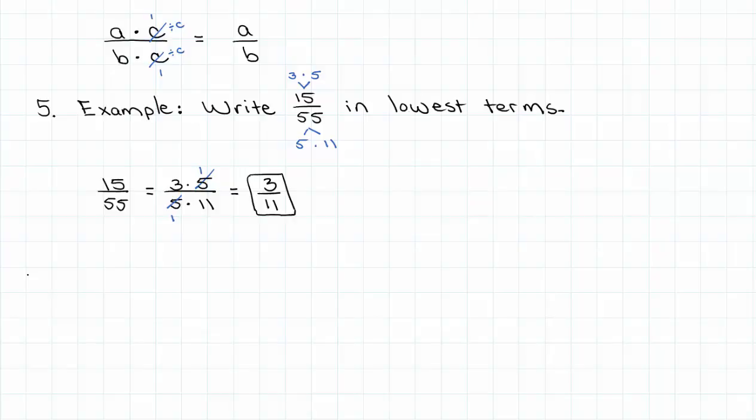Okay, let's do another example. Let's write 16 over 84 in lowest terms.